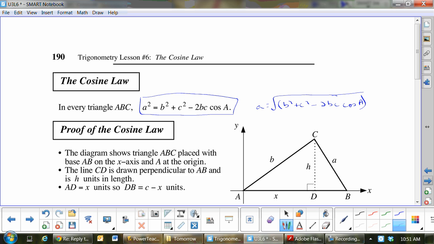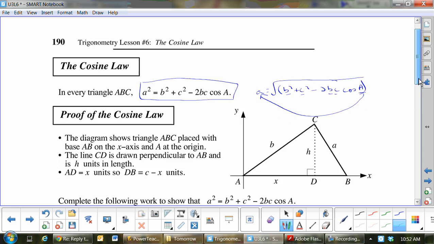Okay? So can you start to see, hey, there's a little bit of Pythagorean in that one. A squared equals B squared plus C squared, kinda. But the difference is it's not C squared minus B squared, right? If I was going to find A squared in a right angle triangle, it'd be C squared minus B squared, okay? And do you see how if there's a BC here, then there'll be a BC here, and then a cos A. A should always match this.